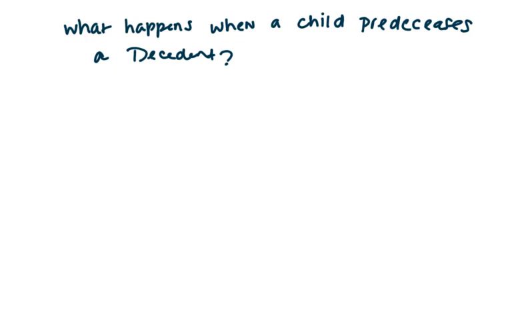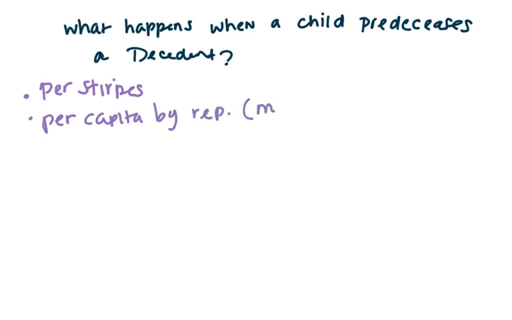So the first option is the per stirpes, or the English per stirpes. The second is per capita with representation, but it's also referred to as modern per stirpes.